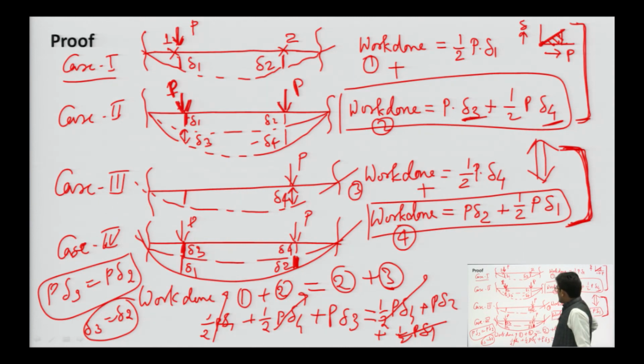Del 3 is the displacement due to load at this joint, and del 2 is what? It is the displacement due to load at this joint. So, that is the Maxwell's theorem, that is the Betti's theorem. So, this is the proof.